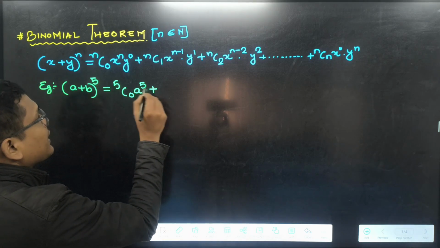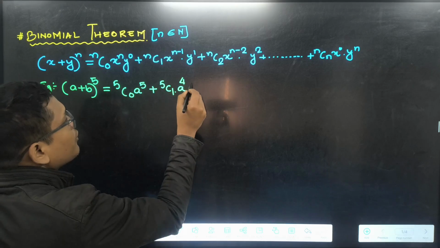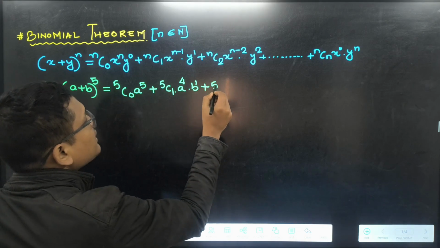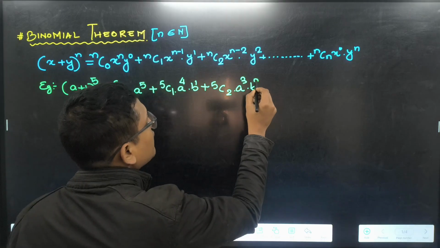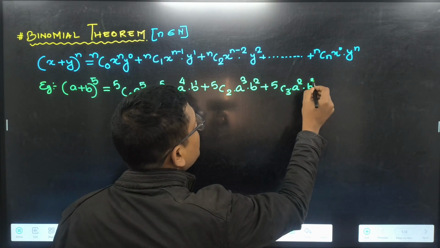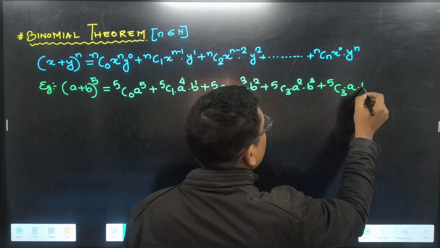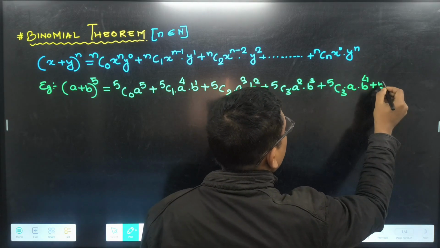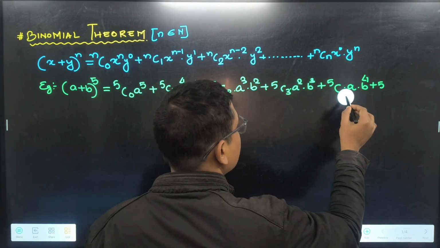Then the next term is 5C1 a to the power 4 b to the power 1 plus 5C2 a to the power 3 b to the power 2 plus 5C3 a to the power 2 b to the power 3 plus 5C4 a b to the power 4.